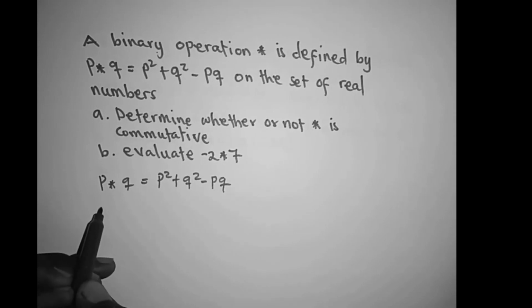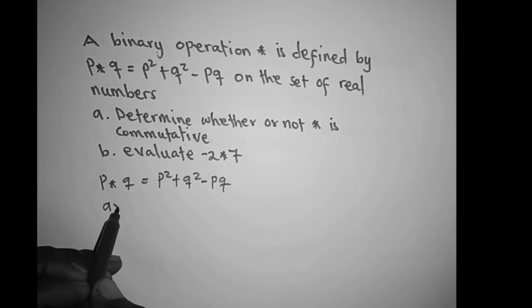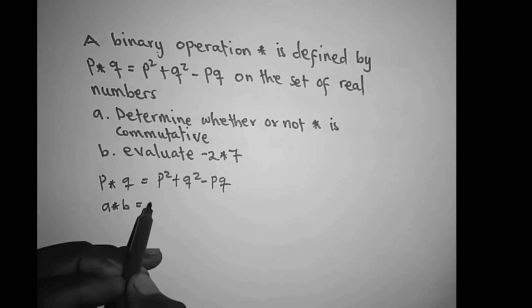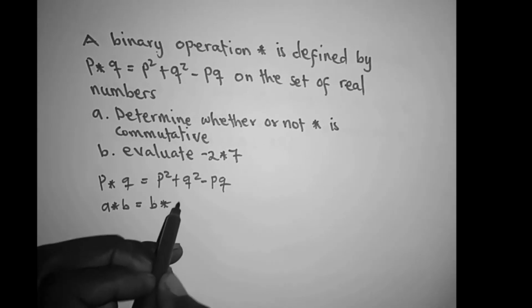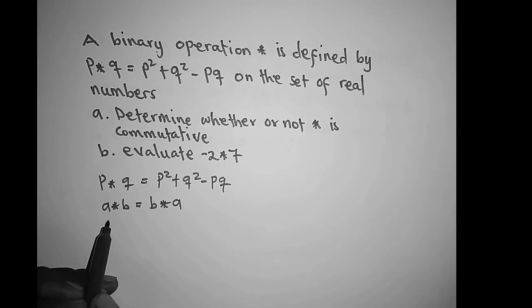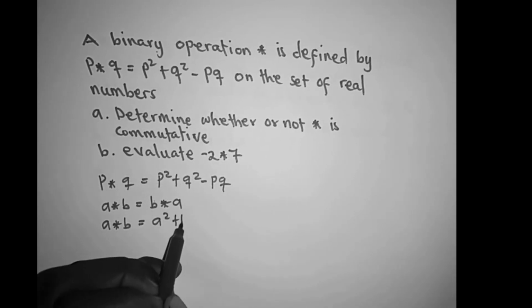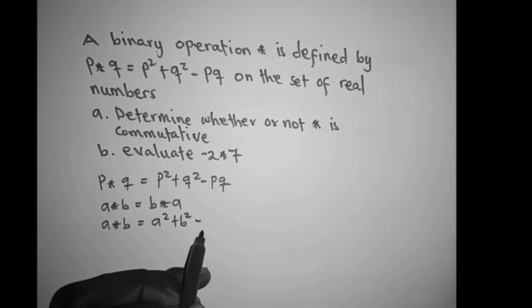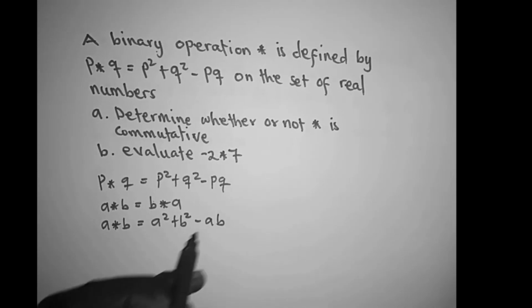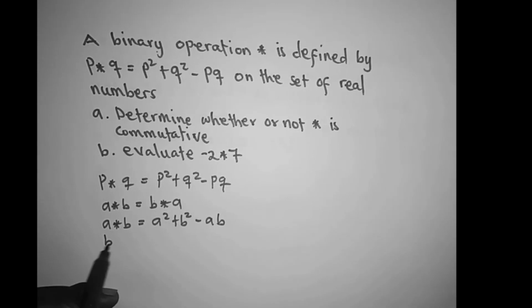So in commutativity, a operation b equals b operation a. So what is a operation b? It's equal to a squared plus b squared minus ab. Then what is b operation a?